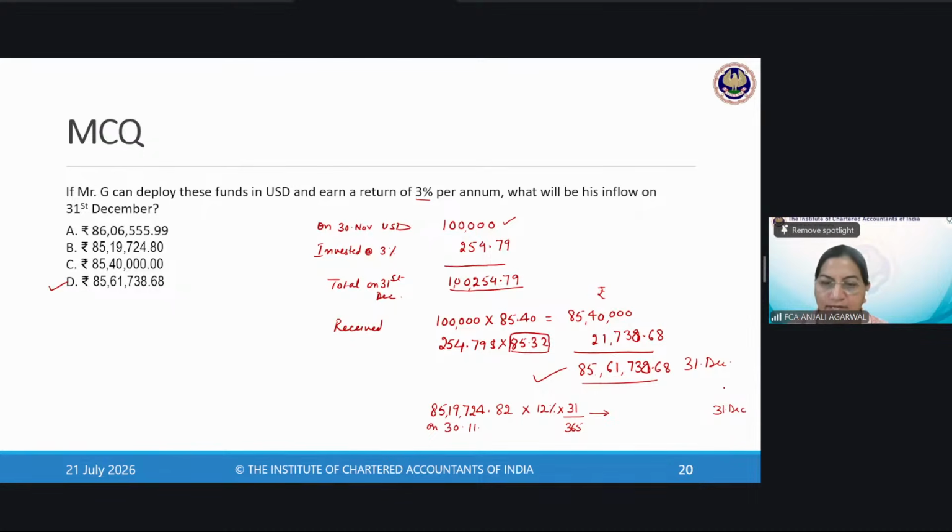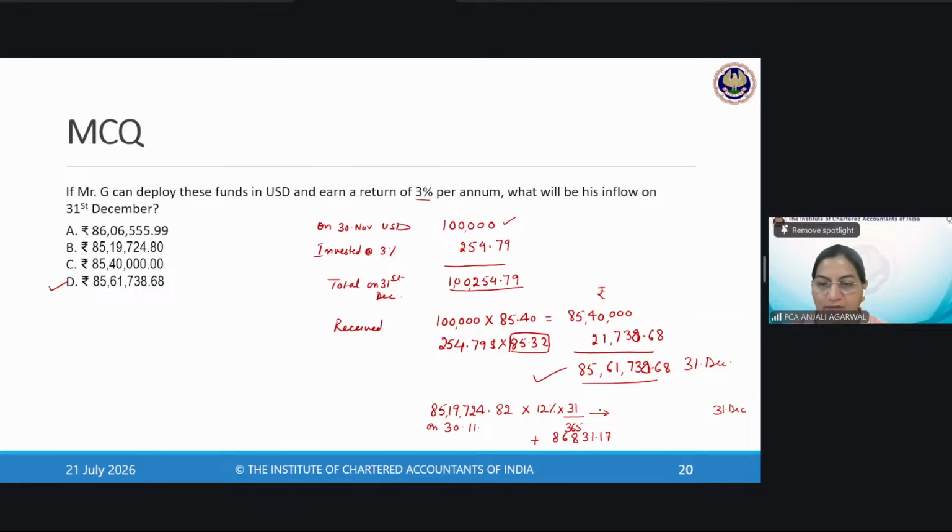So when 85 lakh 19,724.82 is invested in India at 12%, it will gain an interest of 86,831.17.